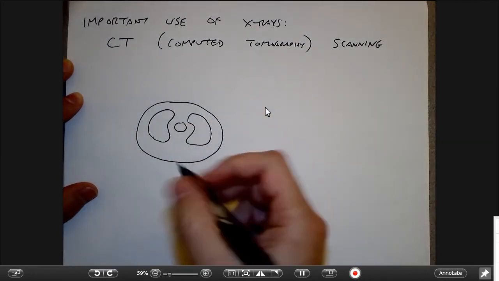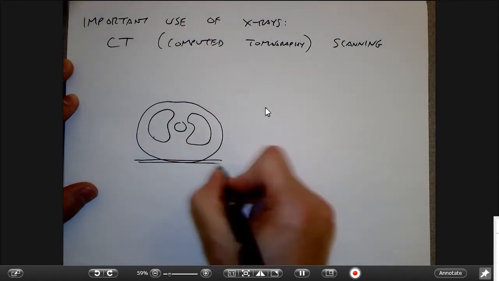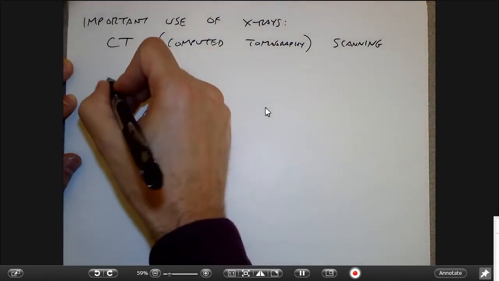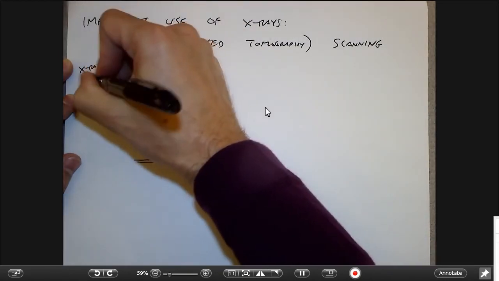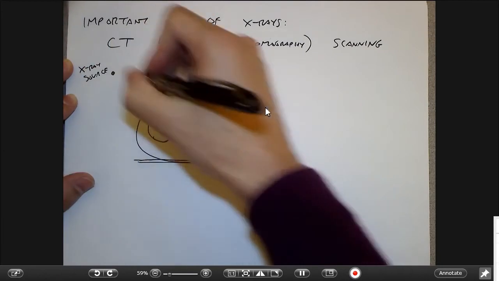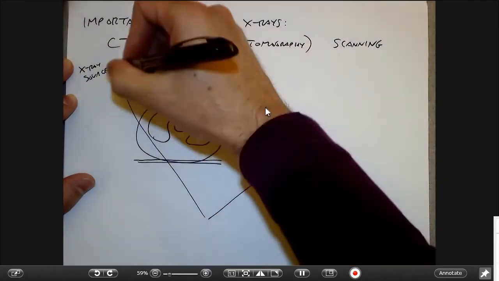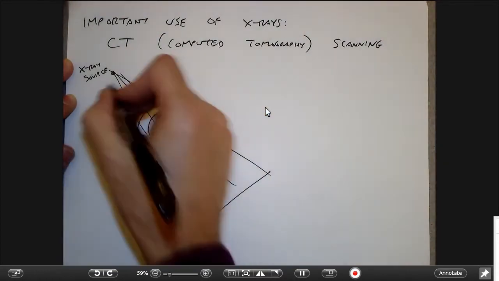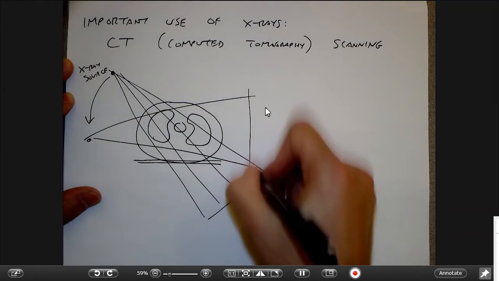This is a crude diagram, right? And so the patient is lying on this couch, and then there's an X-ray source that is sending projections through the patient, and then this thing is rotating around, acquiring many different projections.